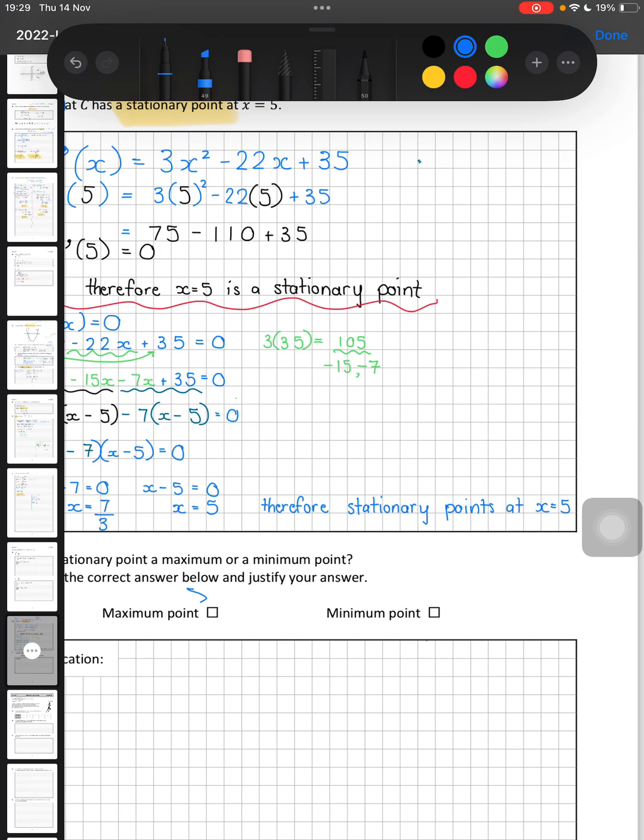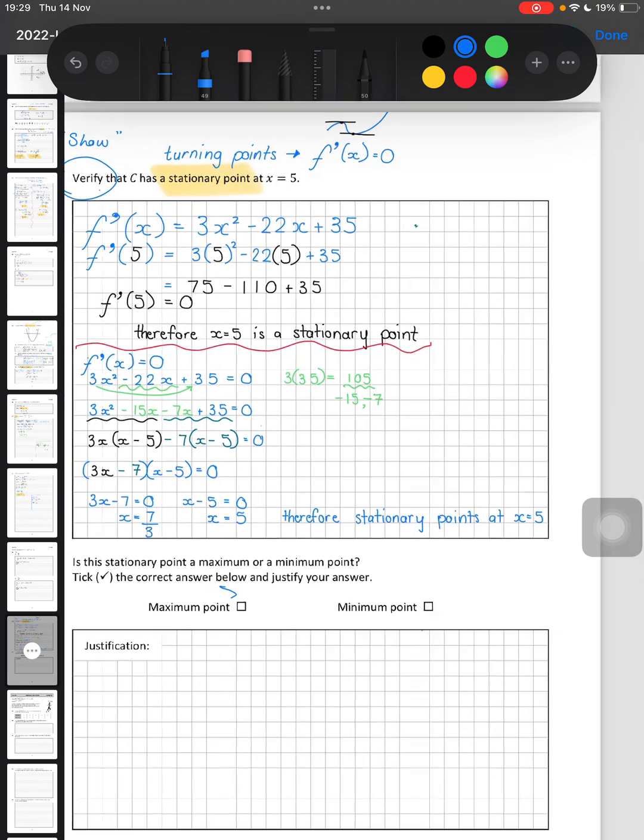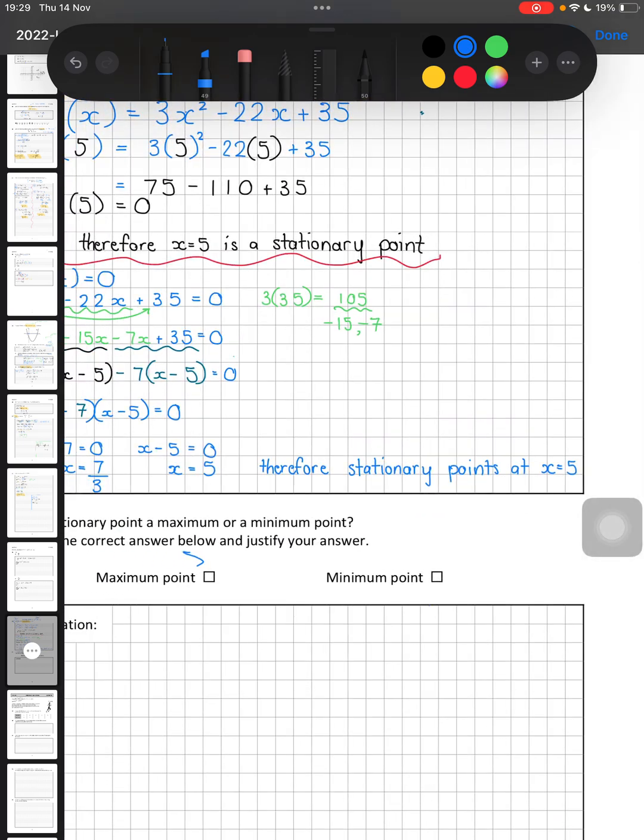I don't even need to mention the other one, but just if it did ask, x is 7 over 3. This is getting a bit messy here.